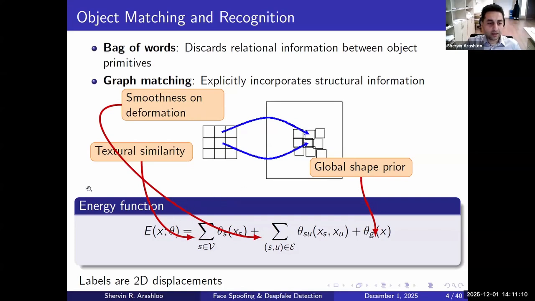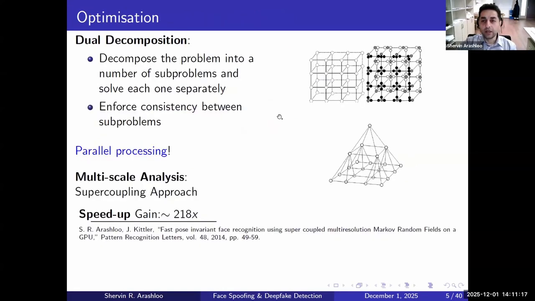So it is a computationally expensive problem. What we did was to use what is called a dual decomposition method in the literature. So essentially, given a larger graph, we have divided it into smaller subproblems.